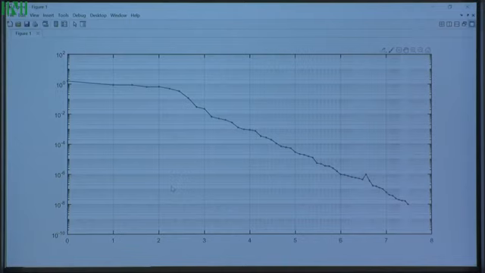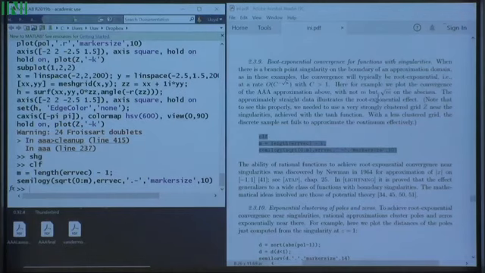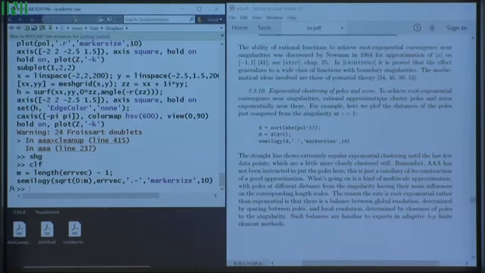Rational approximants can do this root exponential thing near singularities. That's why they're important in numerical analysis, or one of the big reasons. As I mentioned, they achieve that root exponential convergence by having exponential clustering of the poles and the zeros near singularities.